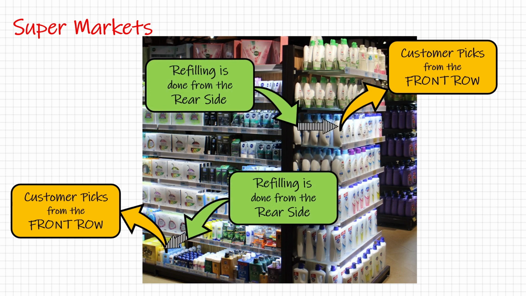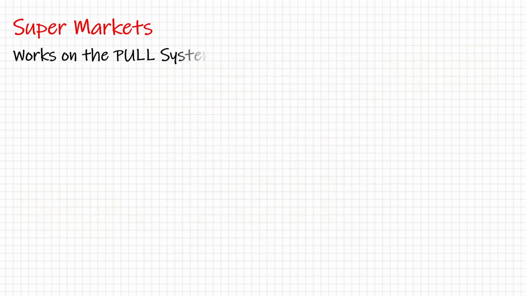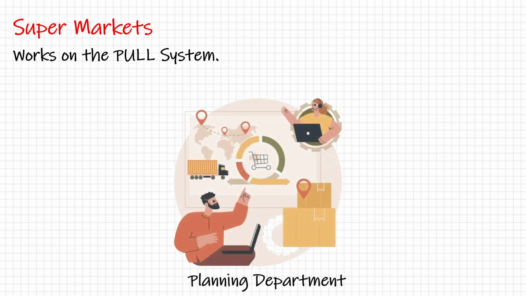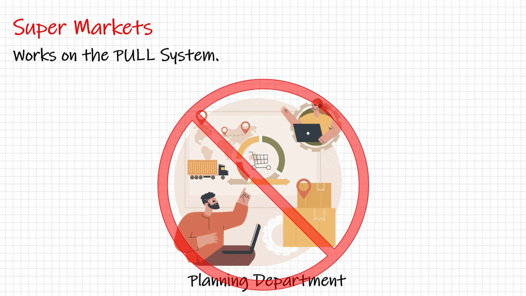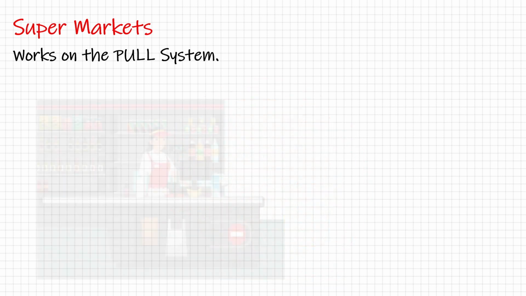Third and most important, it works on the pull system. The production, or in this case the refilling of the stock, is based on actual consumption. Let me explain. There is no planning department to predict what the consumers are going to buy tomorrow or the day after tomorrow. So the procurement in a supermarket is not based on predictions or schedules. So on what basis do they order?